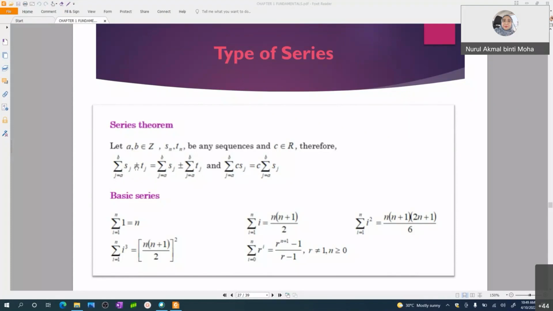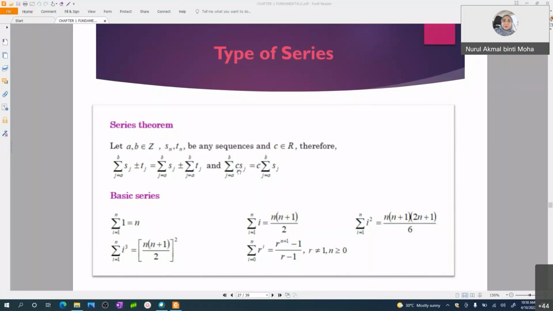It means that we can pecahkan, segregate the summation of this series into two separate series. Okay, as a series of Sj and then another one, the series of Tj.